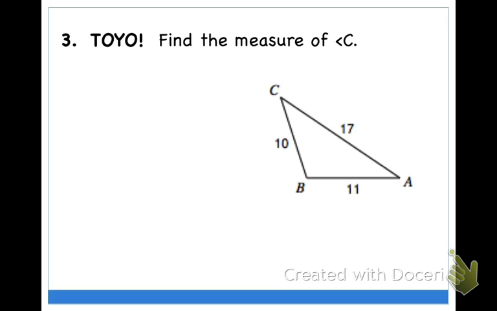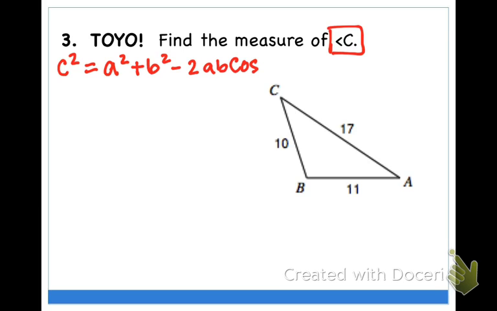When you are asked to find an angle value, this is where it takes a lot more algebra before we get to the calculator. So I still want to pick one of my forms, and since I'm looking for angle C, I want to pick the form that starts with C and uses angle C. So it's the same form we just used. C squared equals a squared plus b squared minus 2ab cosine C. And just like before, I want to fill in everything I know.